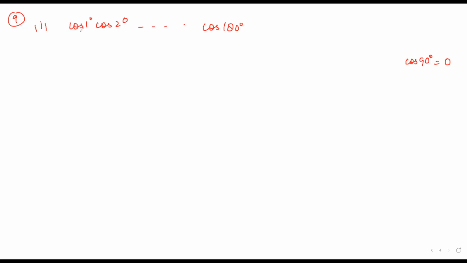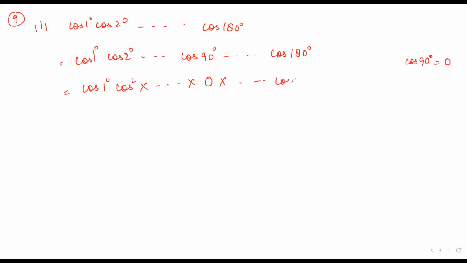So when you are doing cos 1 degree to 180 degree, that means somewhere cos 1 degree, cos 2 degree, dash, dash, dash, somewhere in between you are going to have cos 90 degree and then up to cos 180 degree, and everything is in multiplication, isn't it? So that means cos 1 degree into cos 2 degree into dash, dash, dash into, then you have a 0 here, right? And then when you have a 0, whatever numbers you're multiplying, all will become 0. So the answer will become 0. Got it?